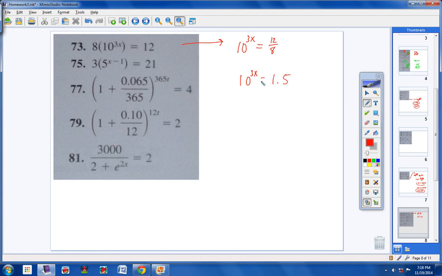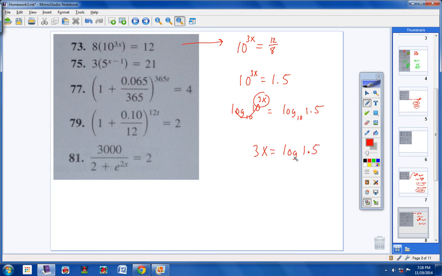Now the base of my unknown is 10. So log base 10 of 10 to the 3x and 1.5. Okay, your base matches your base. So your answer is just 3x equals, now log base 10 is just a regular log, common log of 1.5.